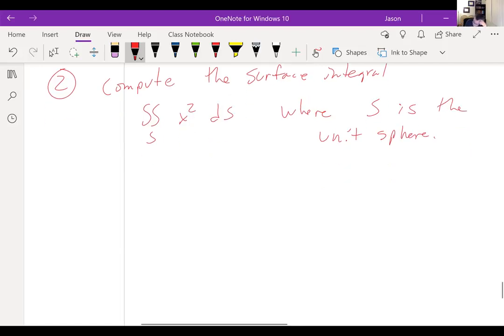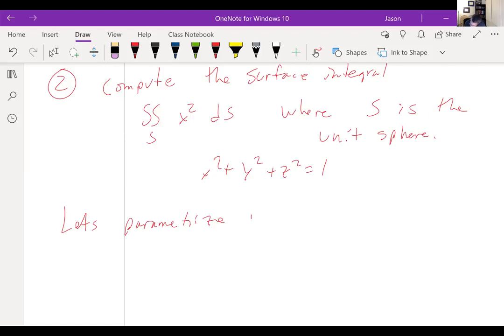Okay, unit sphere. What's the unit sphere? x squared plus y squared plus z squared equals 1. That's great. Okay, so let's parametrize with spherical coordinates.